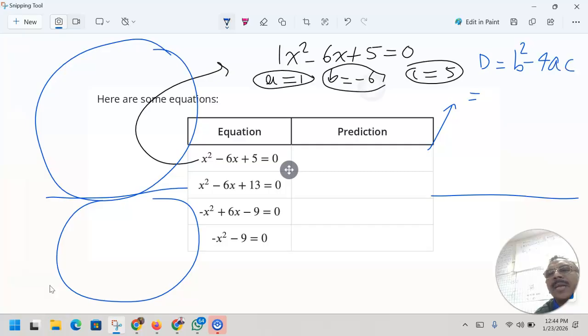What is b? It goes right here, which is negative 6, the whole squared, minus 4 times a, which is 1, times c, the constant number, which is 5.